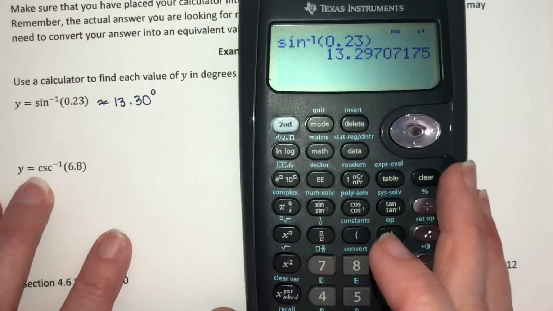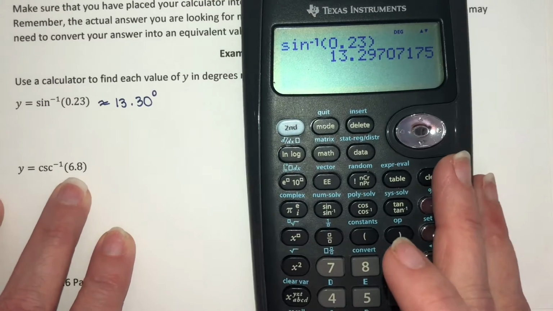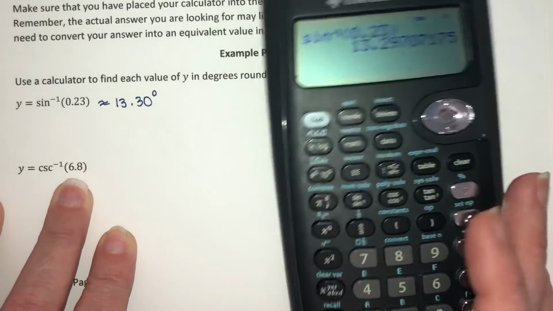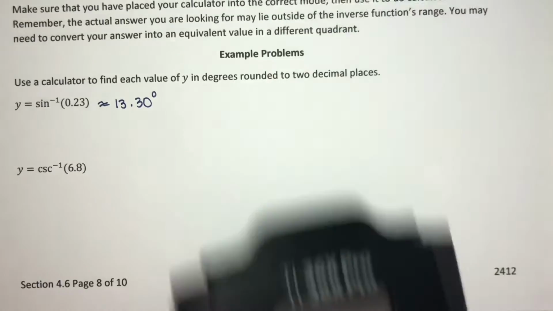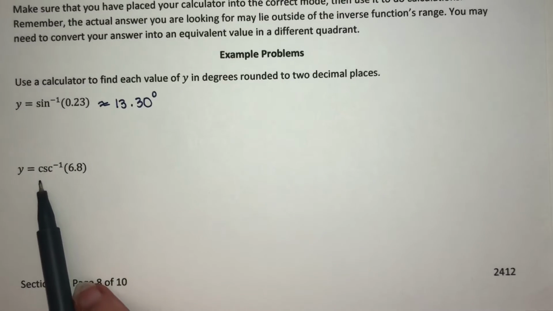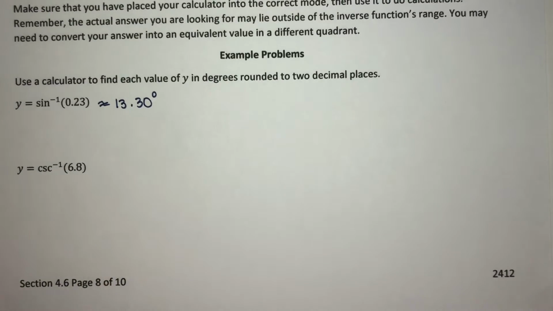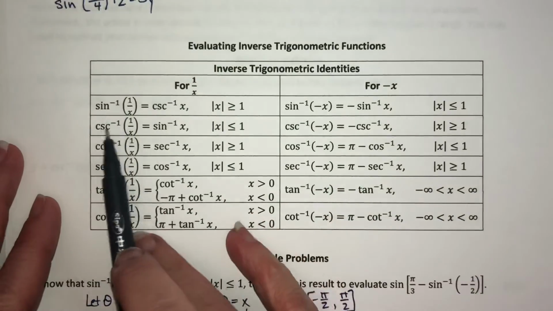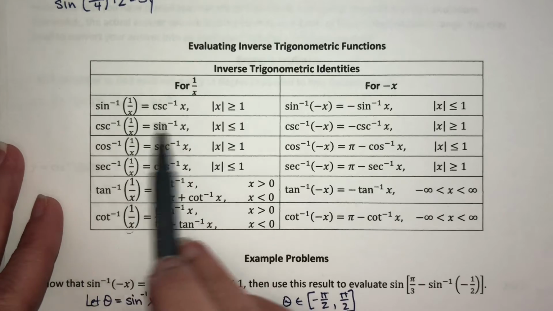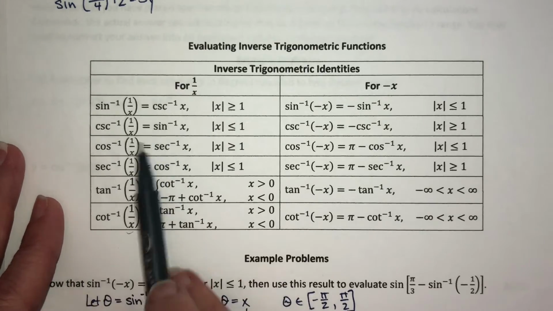Now find cosecant inverse of 6.8. Since this is cosecant and your calculators can't do those, we have to be smarter than them. So I'm going to look at the relationship between cosecant inverse and sine inverse. And here it looks like I can just take the reciprocal without worry.